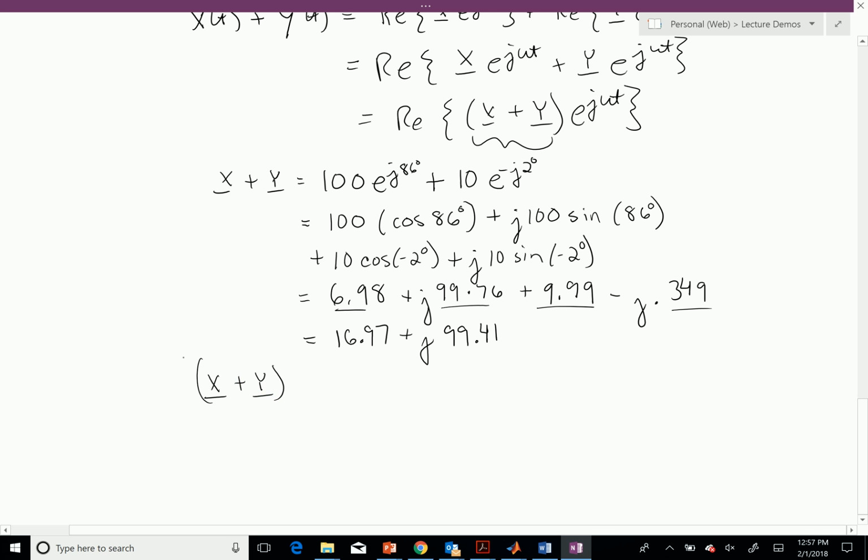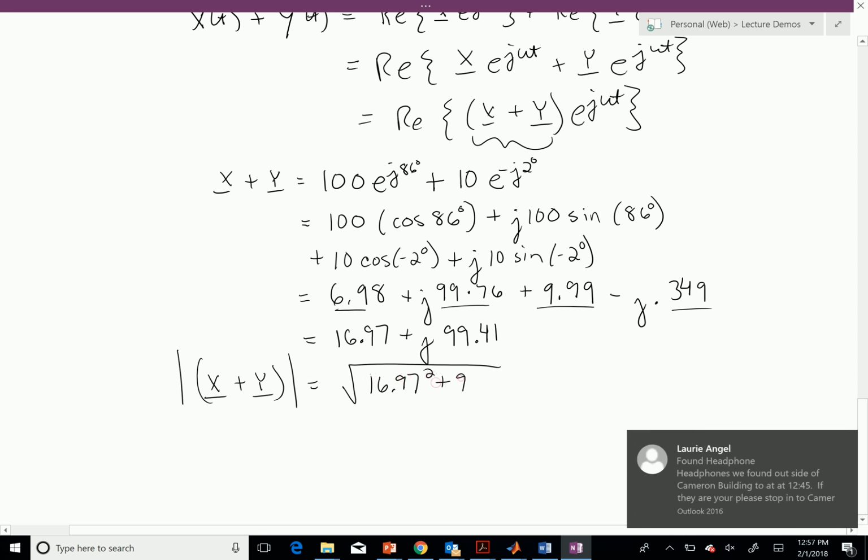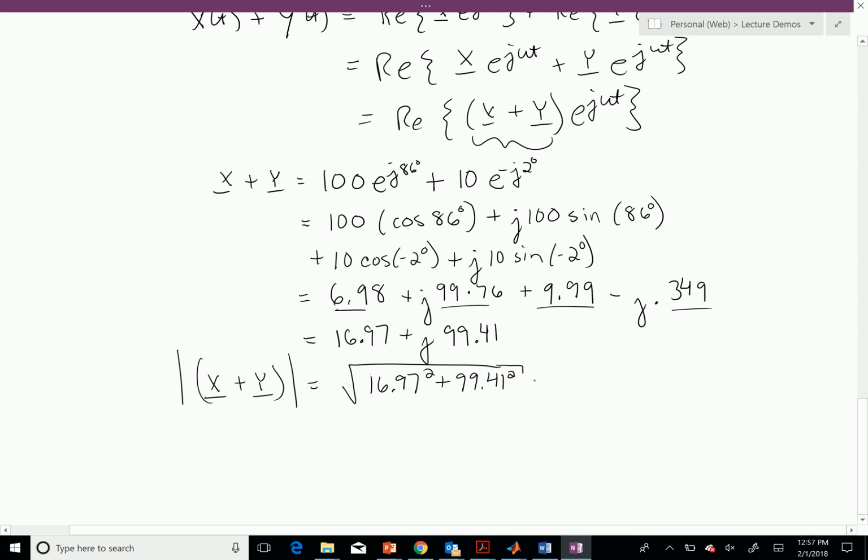The magnitude would be the square root of 16.97 squared plus 99.41 squared. So basically 100, a little bit bigger than that, 100.85.